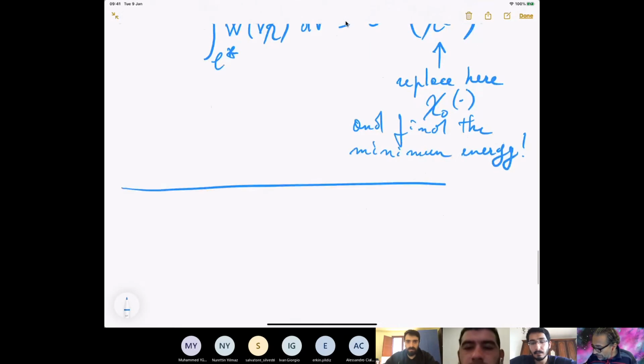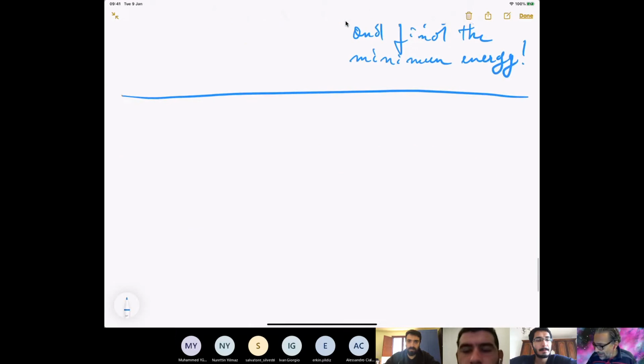Now, Lagrange, there are many theorems having the name of Lagrange. Lagrange gave a contribution to mathematical analysis, and mathematical analysis was developed in order to solve the problem of minima in continuum mechanics.